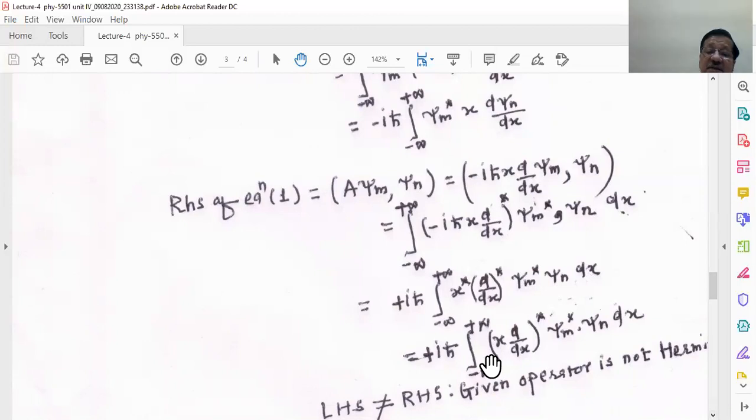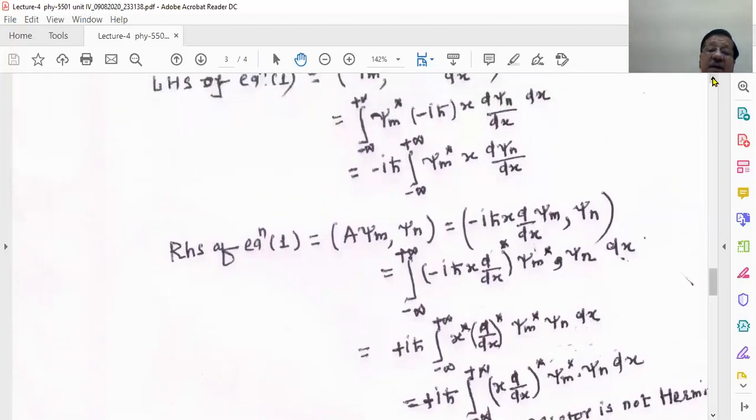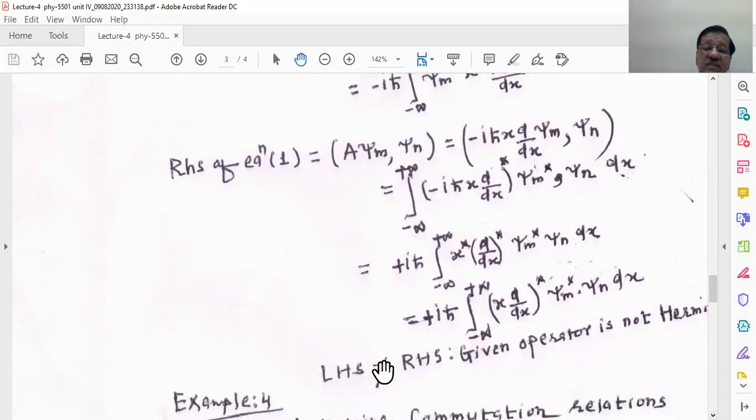This is the right hand side, and look at the left hand side. The left hand side is minus iħ, integration from minus infinity to plus infinity, psi star x d by dx operating on psi. So the left hand side and the right hand side are not equal, right? And if they are not equal, the given operator is not a Hermitian operator.